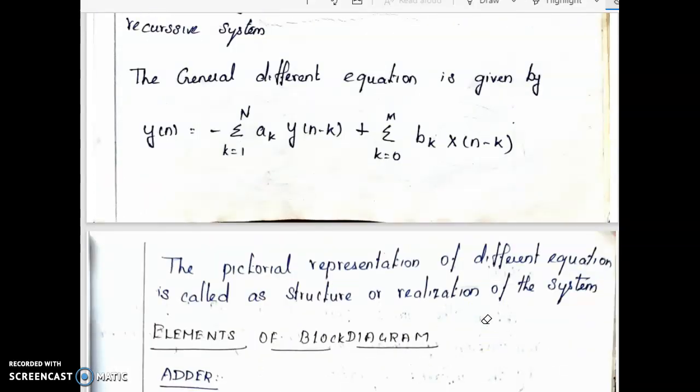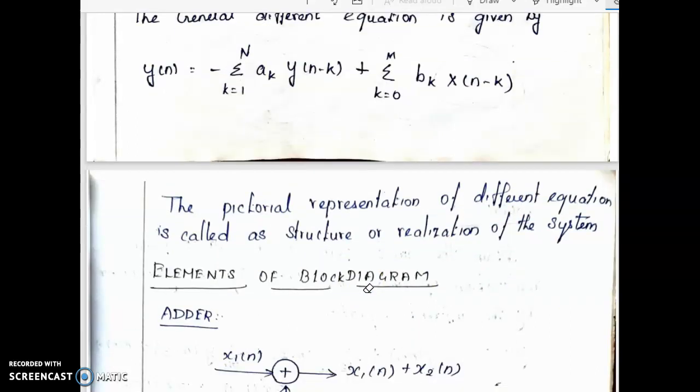I have already told you that realization of structure of FIR and IIR filters is nothing but representing the differential equation in a pictorial form, a structural form, or a block diagram representation. Each system is a combination of blocks.